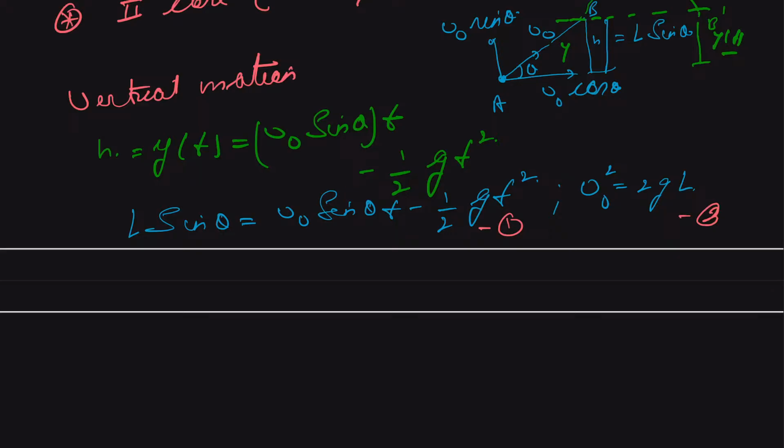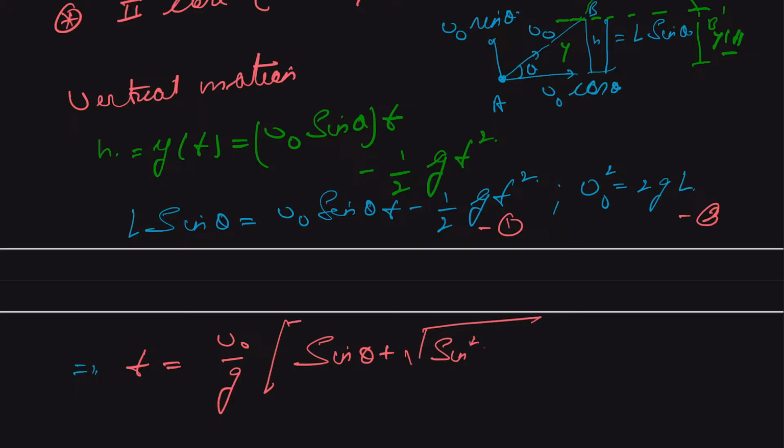It will be quadratic in t, and therefore we are going to get that our t will be equal to v naught by g times sine of theta plus square root of sine square theta minus sine of theta.